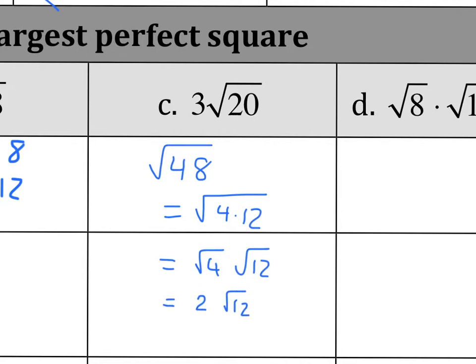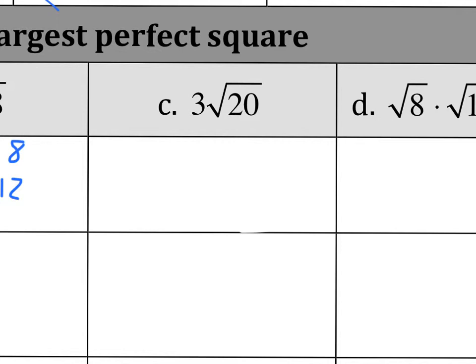Well, it turns out that the 12 still has a perfect square inside of it. So this would not be simplified yet. Yes, you did pull out a perfect square, but you didn't pull out all perfect squares. So if you accidentally create this mess, then this problem here is going to help you remedy that.